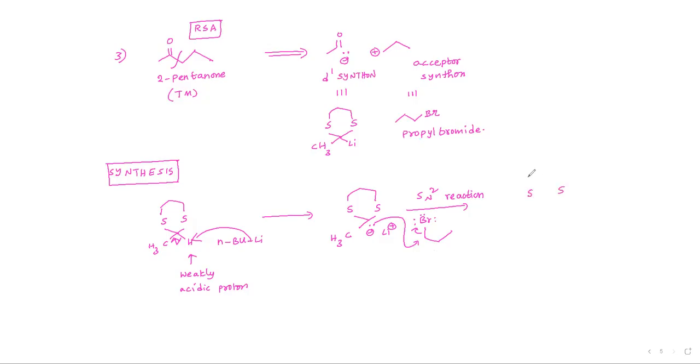Yes, dithiane chemistry is very interesting chemistry. See, this is CH3, and this is the new CC bond that is formed, CH3 CH2 CH3. Now the alkylation is over. Now this is hydrolyzed by using aqueous mercury chloride solution.